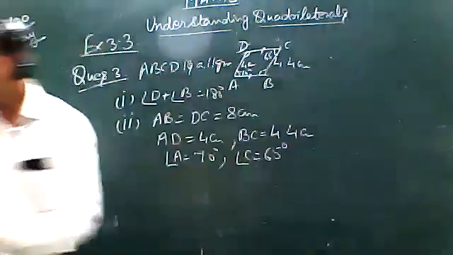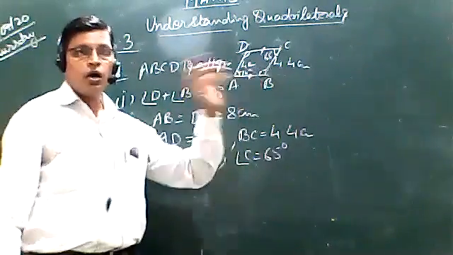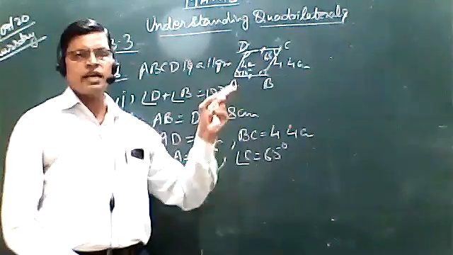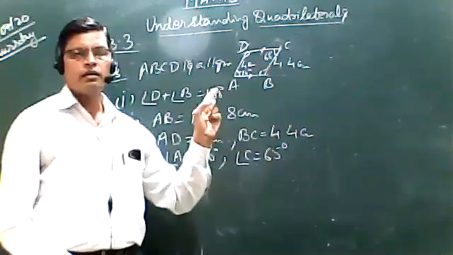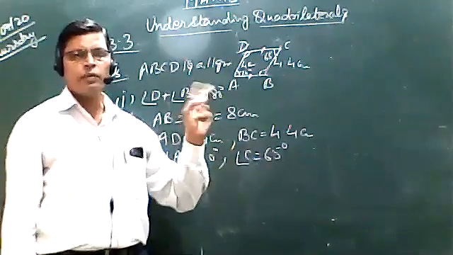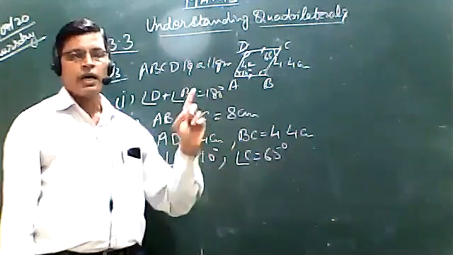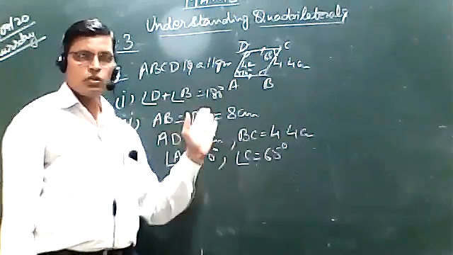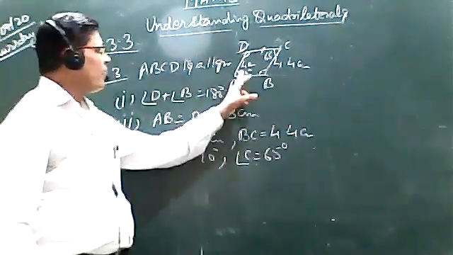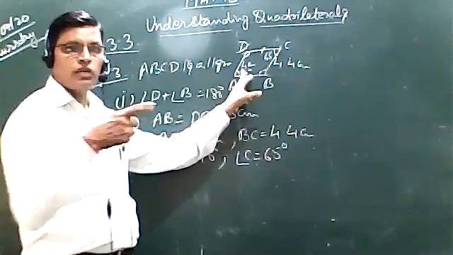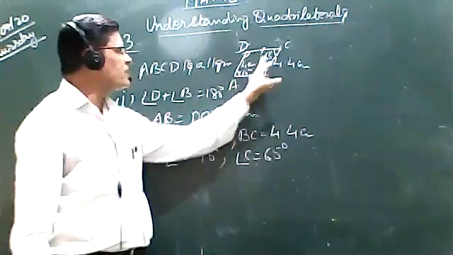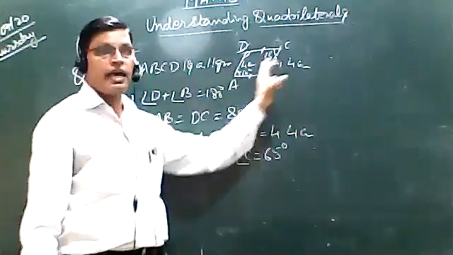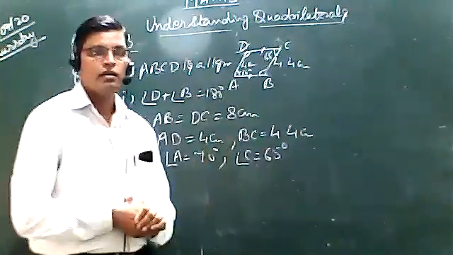Now, according to the definition of the parallelogram, opposite angles are equal, but here angle A and angle C do not equal.